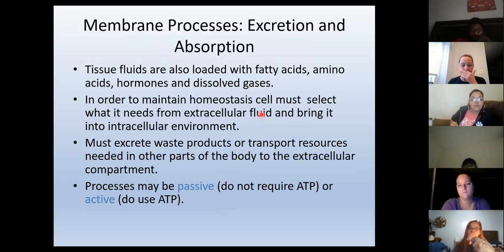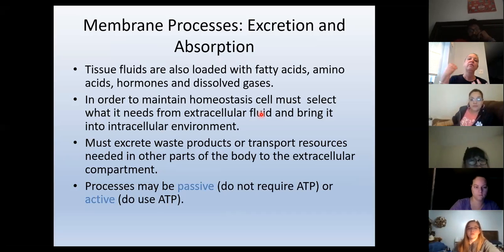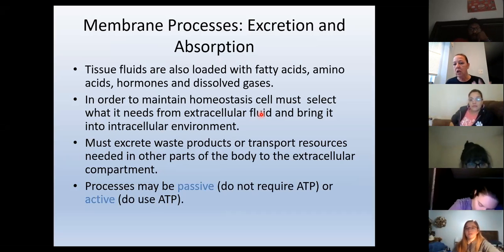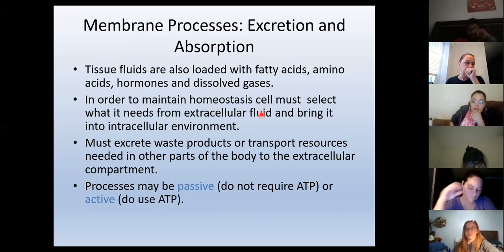All right, we know that cells have this membrane, and this membrane separates the inside environment from the outside environment. However, we have stuff that has to pass through. We have amino acids, hormones, gases.